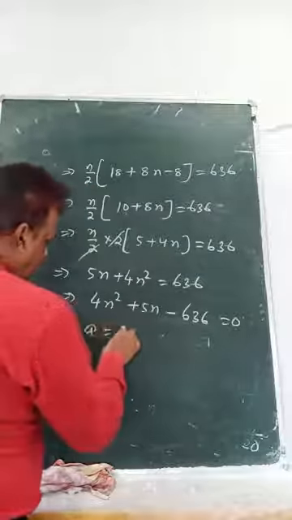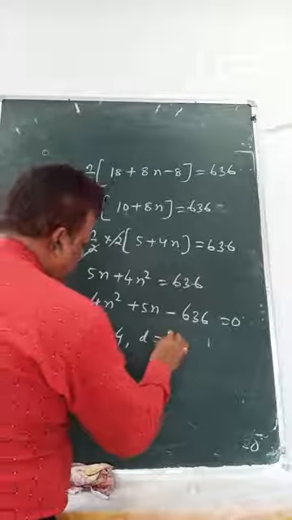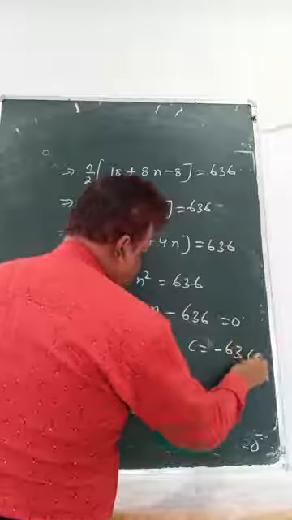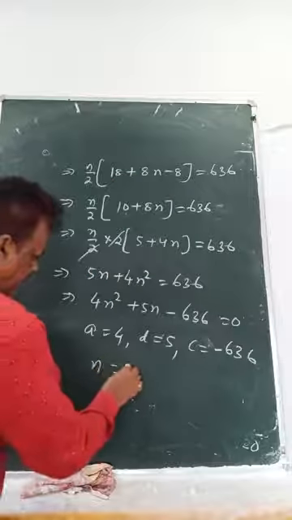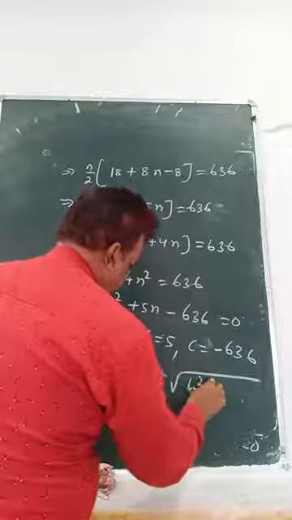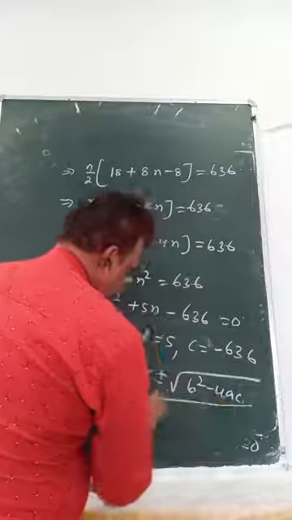A equals 4, b equals 5, c equals minus 636. What is the formula of n? Minus b plus minus square root of b square minus 4ac, by 2a.